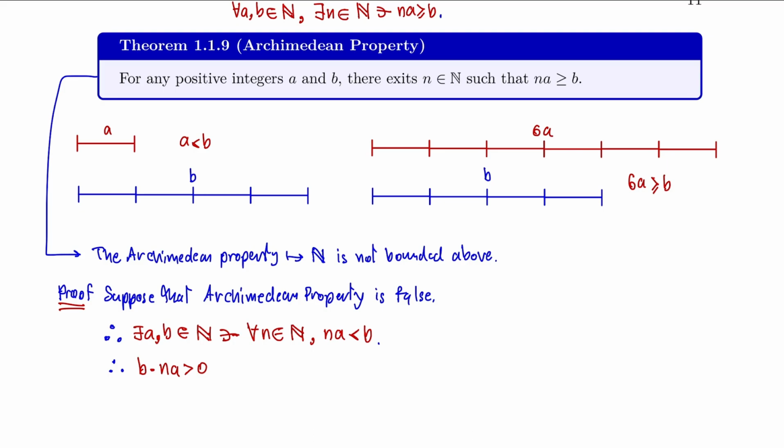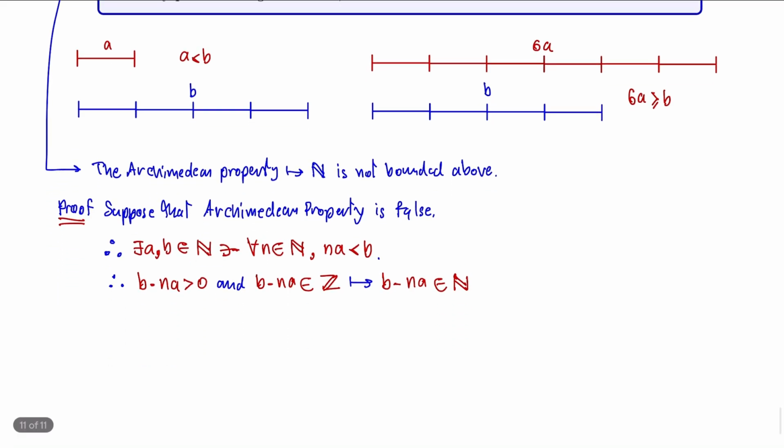Okay, greater than 0. And since a and b are positive integers, what does it mean? We know that b minus na is an integer. So this implies that b minus na is a positive integer.